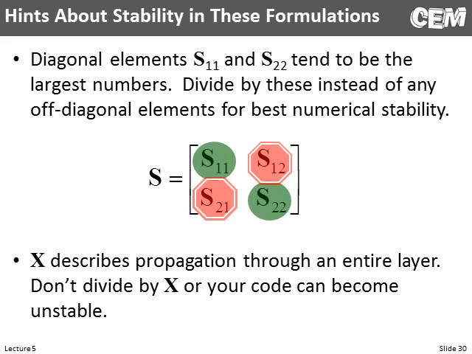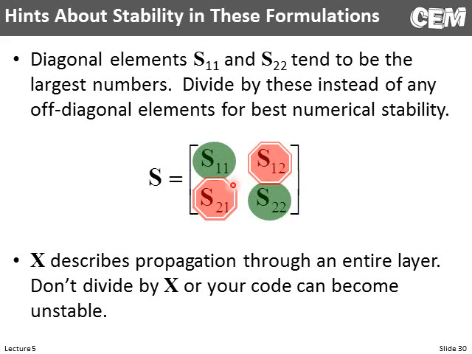Another thing I'll mention when you're manipulating equations with these scattering matrix terms, the S11 and S21 are usually the bigger numbers and the more dominant numbers in the matrix. So if you have your choice of which one to divide by, you want to divide by the bigger numbers. So divide by S11 and S22 and your derivations will be much more stable. If you divide by the others, while mathematically it's correct, you could end up with a less stable code.